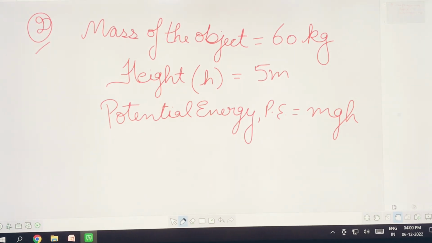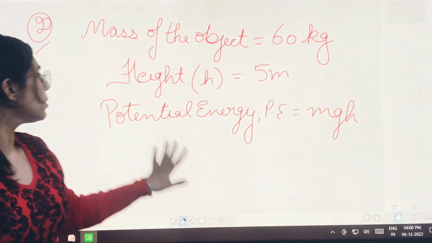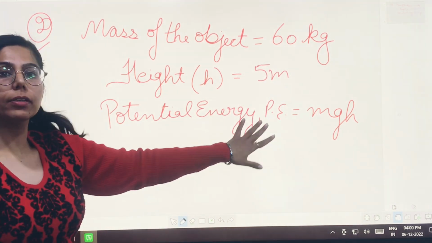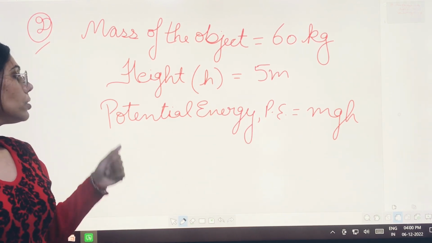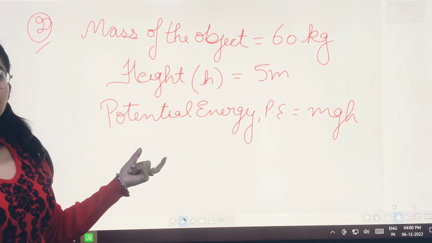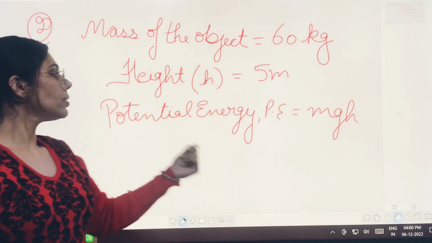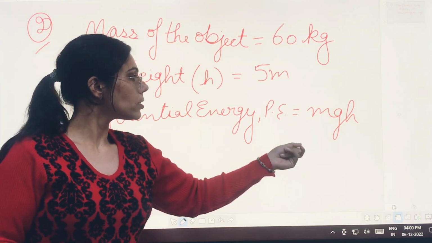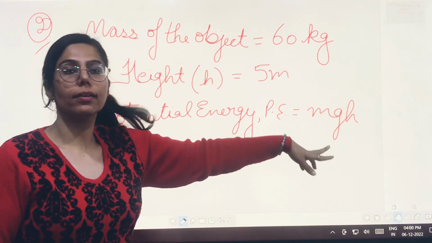As provided in the numerical, the mass of the object is 60 kg, and the height is 5 meters. We need to calculate the potential energy as well as the kinetic energy when it is halfway down. First of all, we will calculate the potential energy. Potential energy is equivalent to mgh, that is mass into acceleration due to gravity into height.